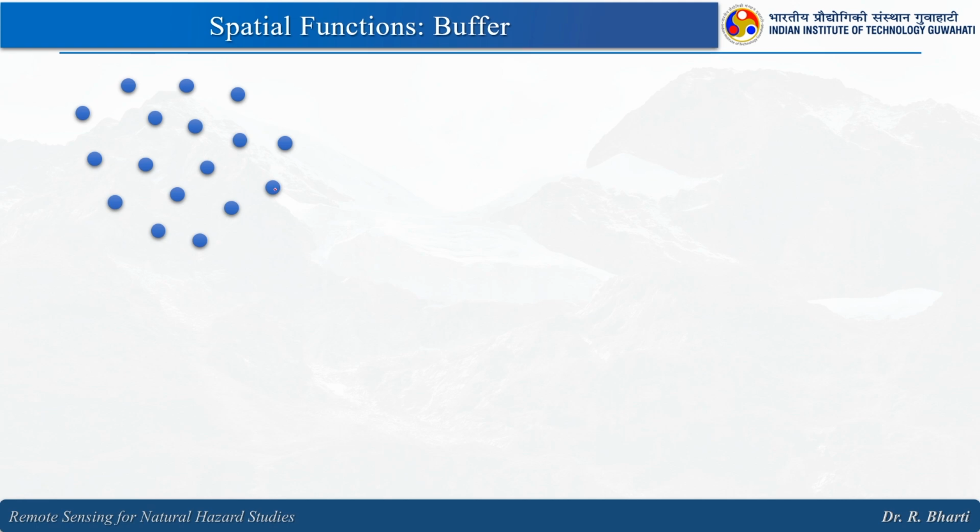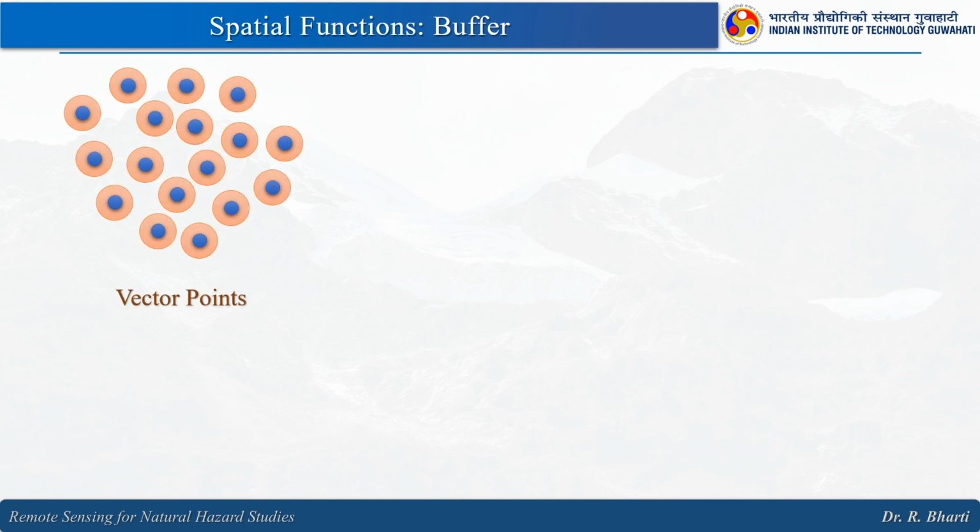Let us say I have a few points here, all these blue colored are the points, and I want to make a buffer, right. So, in the GIS environment I will just give a command that I need a buffer of 1 meter around this particular point, then this will be automatically generated.